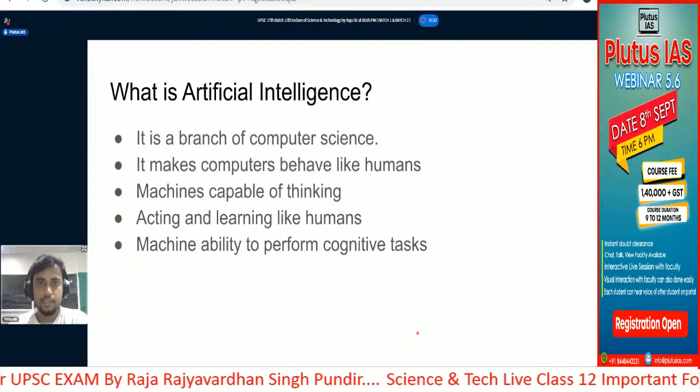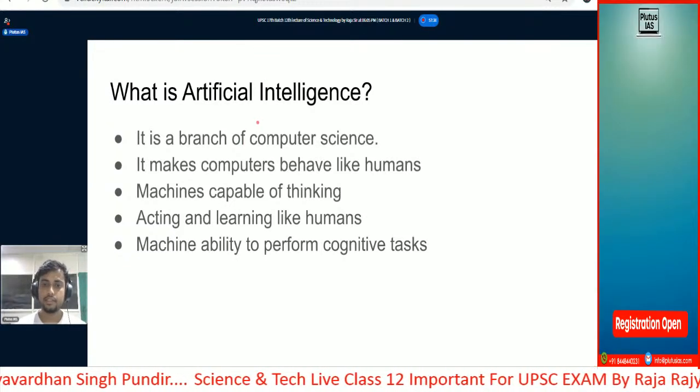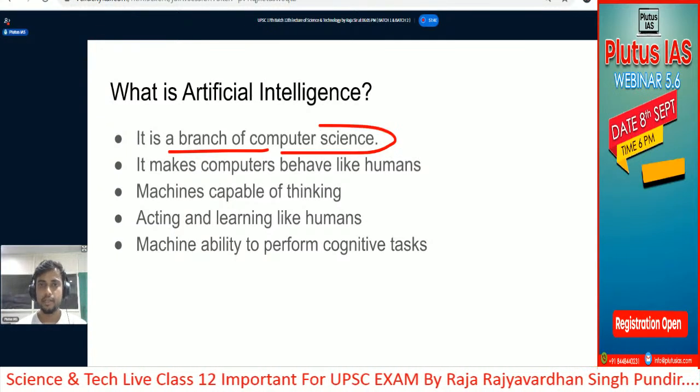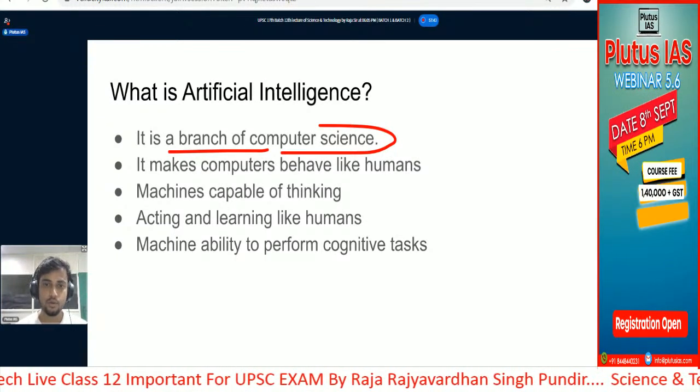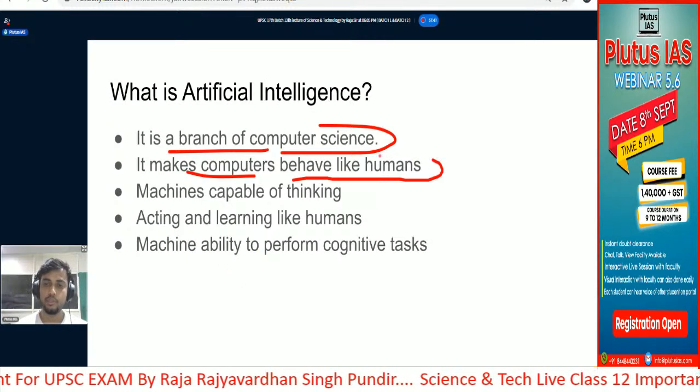So what is artificial intelligence? First of all, it is a branch of computer science, and its goal is to make computers behave like humans.